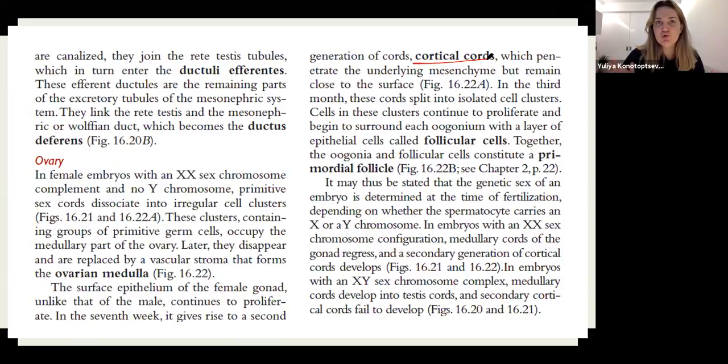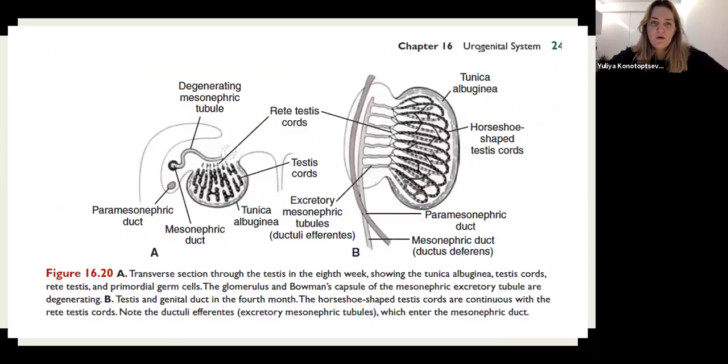In embryo 1, we just call them clusters. In embryo 2, these clusters will be called cortical cords. So remember that medullary cords are the sex cords in a male, and cortical cords are the clusters of PGCs in a female. So they have a different position, right?